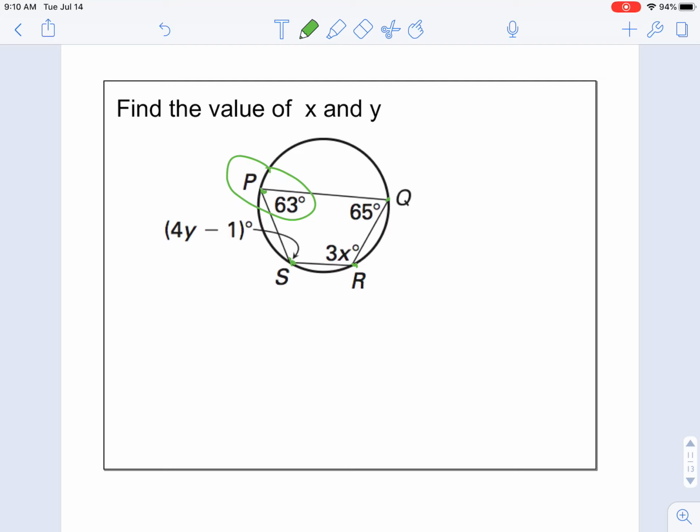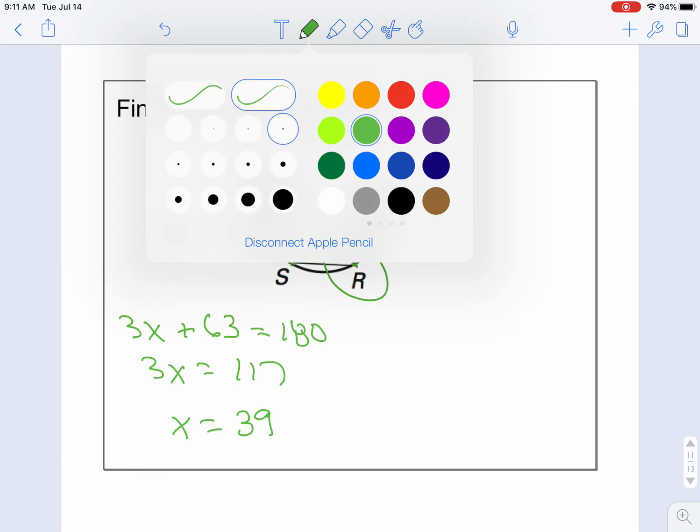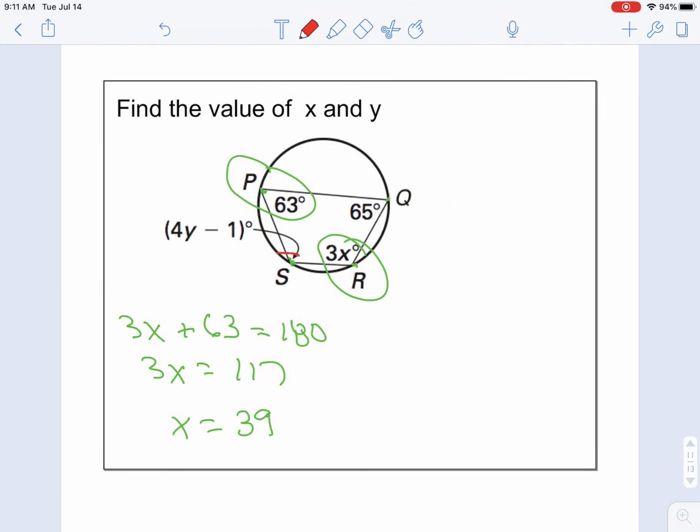So it says find the value of x and y. Well, because this quadrilateral is inscribed in a circle, that means that these two angles have to be supplementary. So that means that 3x plus 63 has to equal 180 degrees, or 3x has to equal 117, so x equals 39.